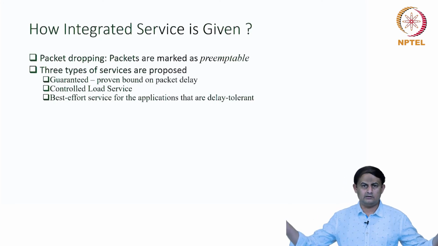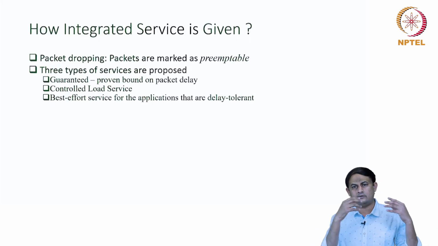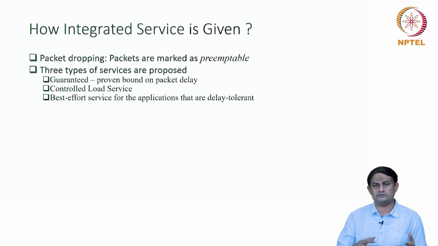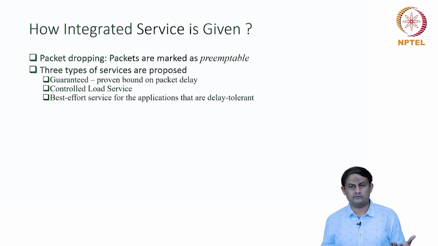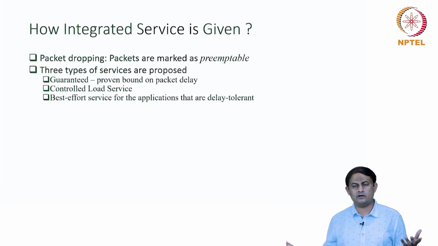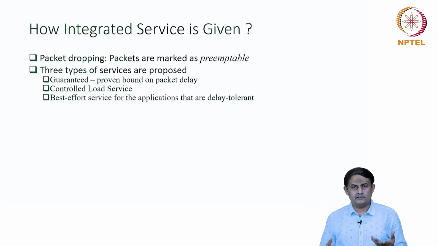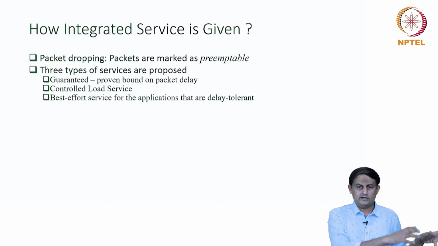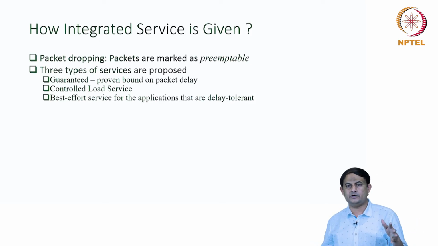But do all the applications that run between any two endpoints require the same kind of resources to be reserved all along the path? The answer is no. So how do we actually provide different kinds of resources to different applications? Maybe the communication between S1 and D1 requires some amount of resource, and the communication between S2 and D2 requires different kinds of resources.